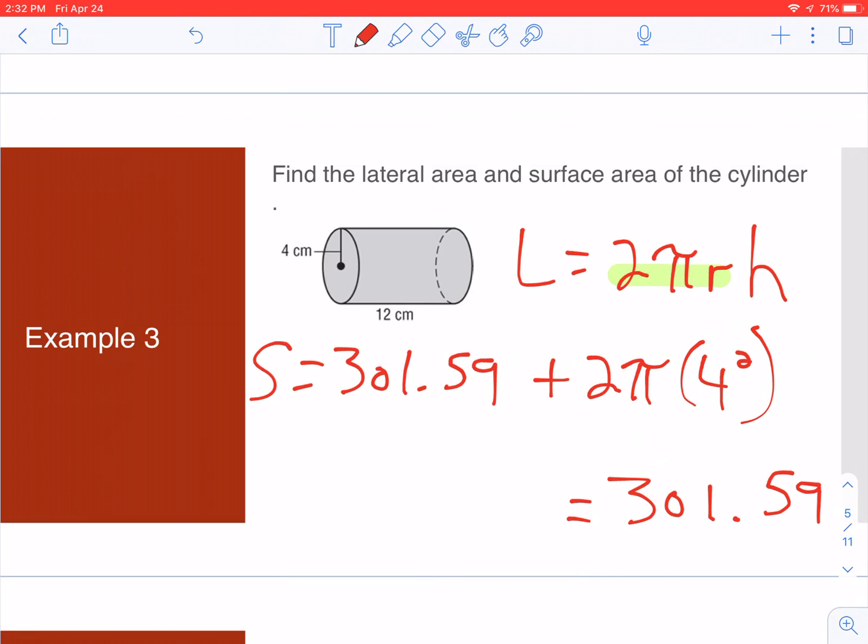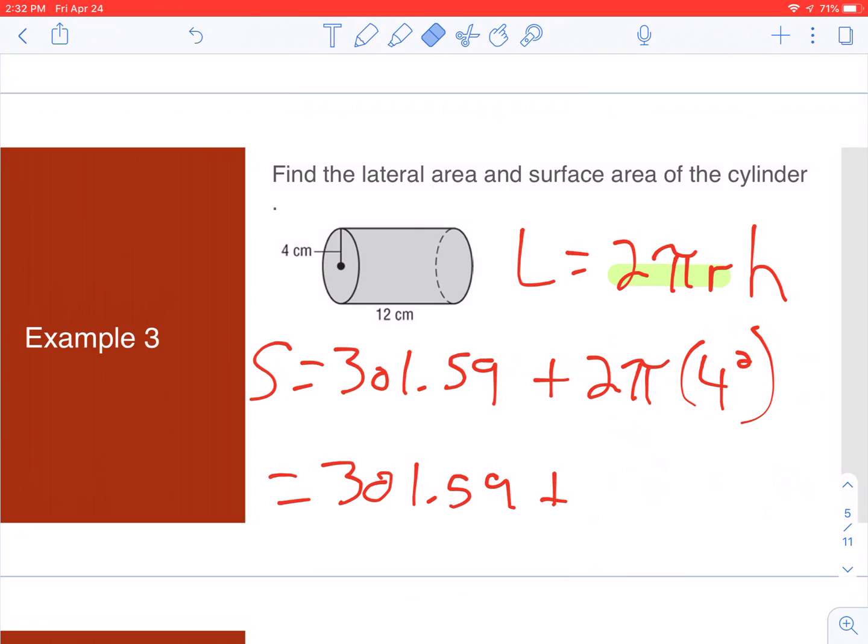When I combine them, I get 301.59, and if I multiply that all out in my calculator, plus 100.53, and I add those together, 301.59 plus 100.53 equals, oops, I typed in my calculator wrong.